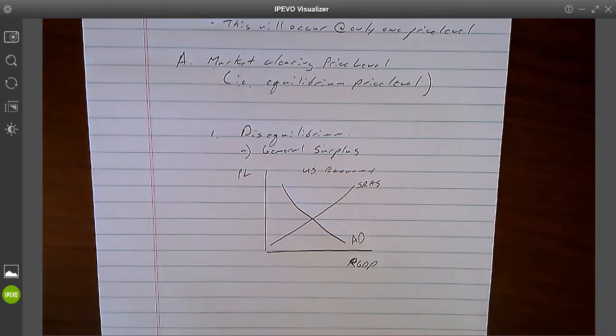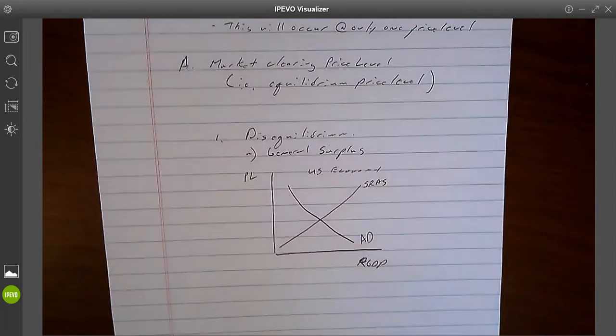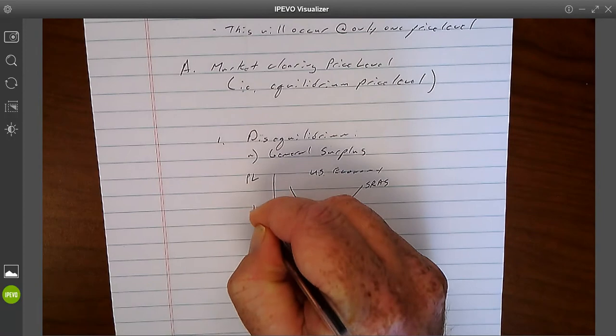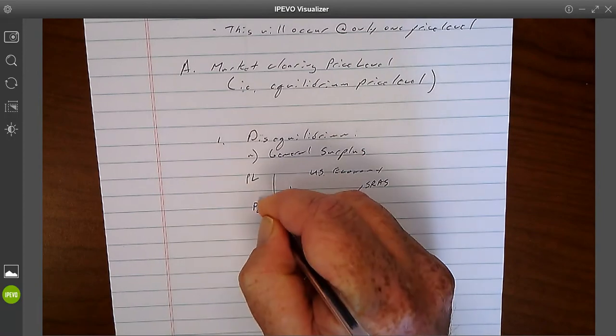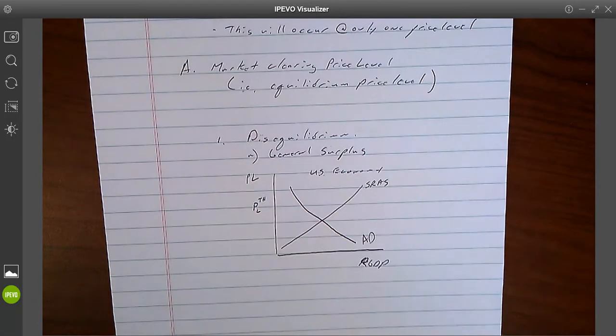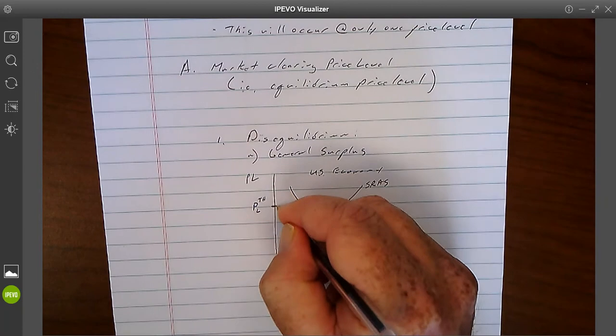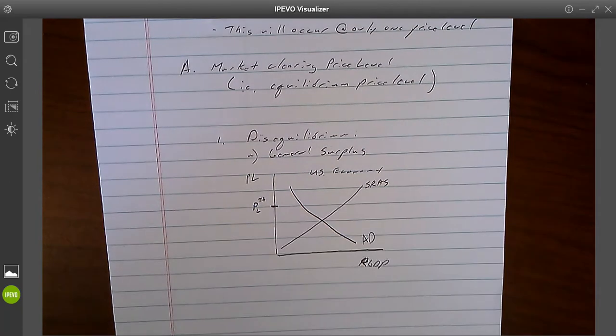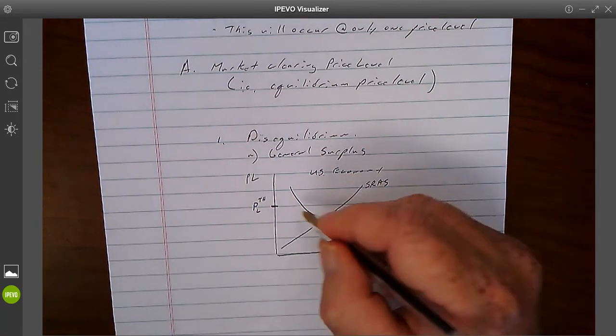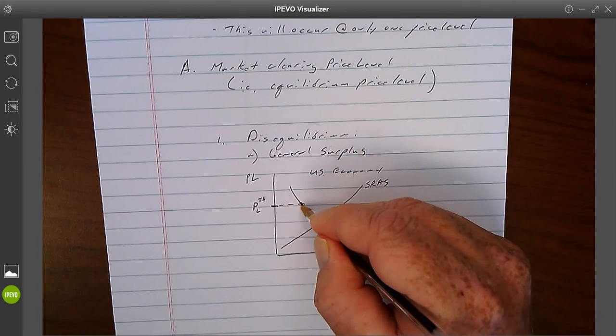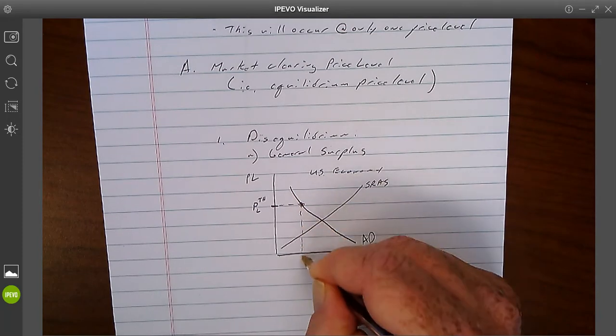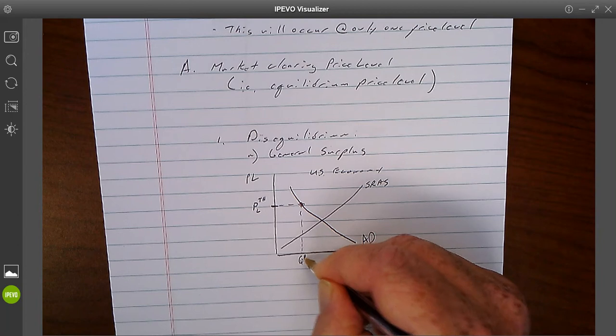But let's say currently in the economy, the price level is at, let's say, PLTH. Say that's our current price level. This is what the price level is. Well, what's going to go on here? This would be our quantity demanded of real GDP in the short run.